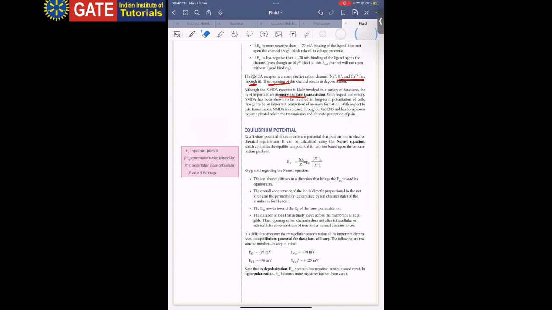To calculate it, we use the Nernst equation. You don't have to remember the exact equation. Equilibrium potential is equal to 60 upon Z, the value of the charge, times log 10 of the concentration of the ion outside divided by the concentration of the ion inside.